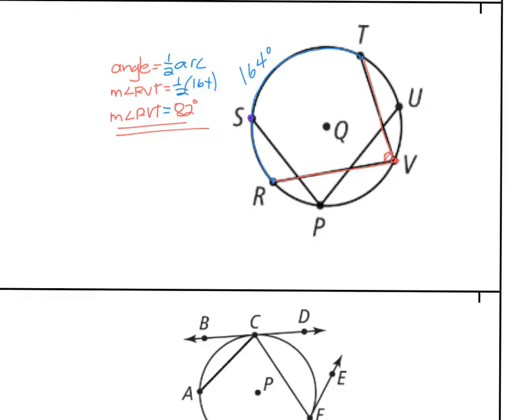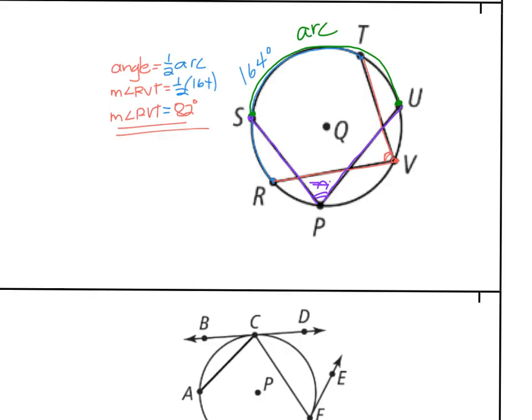I'm going to start at S, go down to P, and over to point U on the other side. This angle right here says it's 79 degrees. And we're asked to find the measure of arc STU. From S, I'm going to go up and over T, past T, all the way over to U over here on the right-hand side.